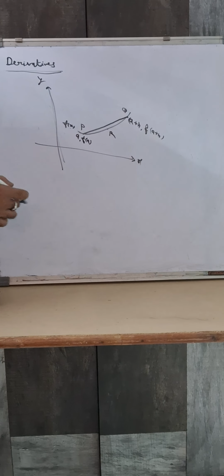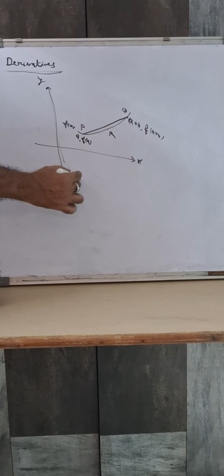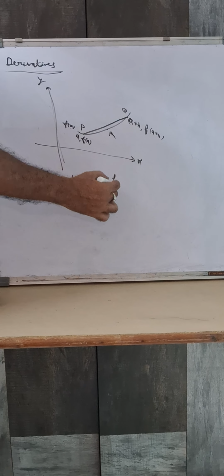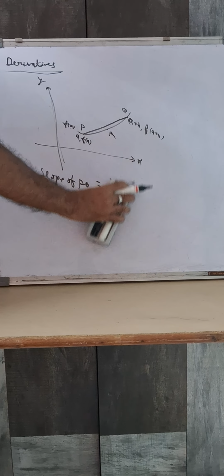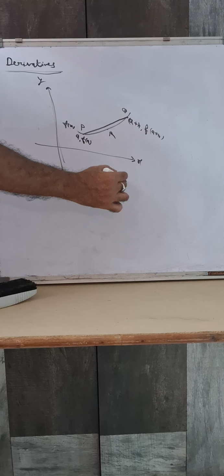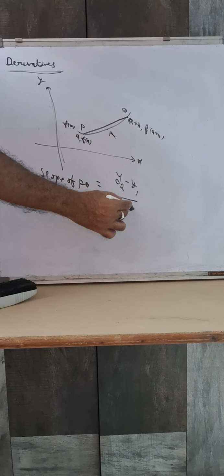What will be the slope of PQ? The slope of PQ equals y2 minus y1 upon x2 minus x1.